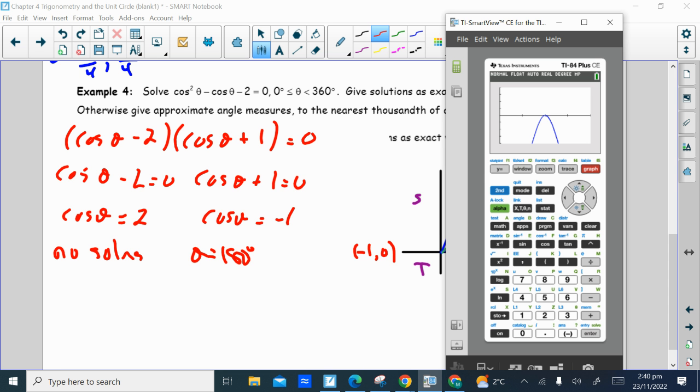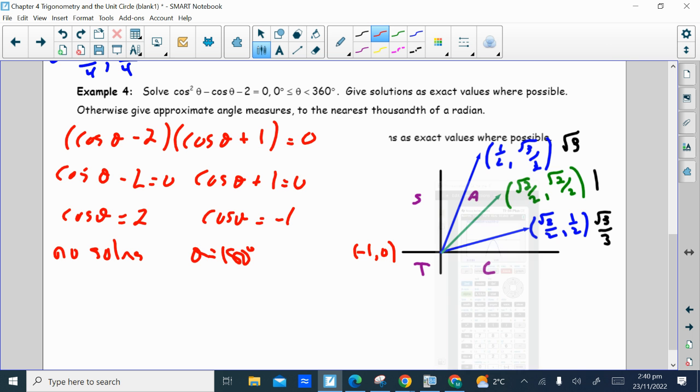My solutions to this equation are where the graph equals 0, the x-intercept. And there's only one x-intercept, it's right there. And that is at 180 degrees. That's where y equals 0. X-intercepts are where y equals 0.